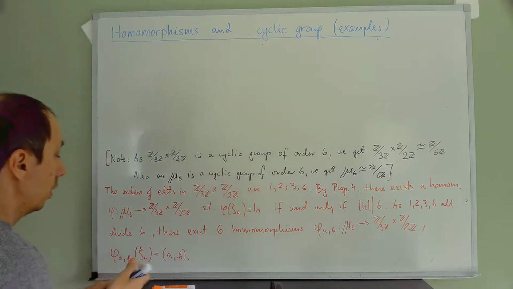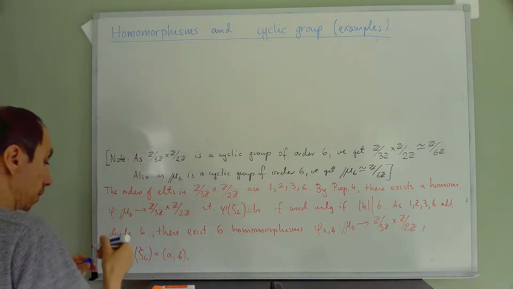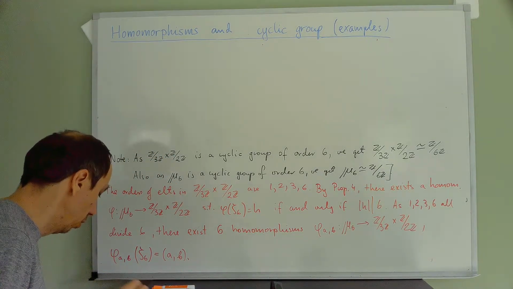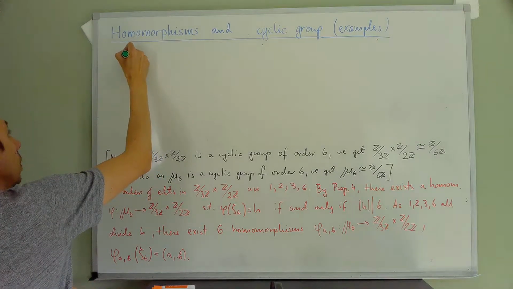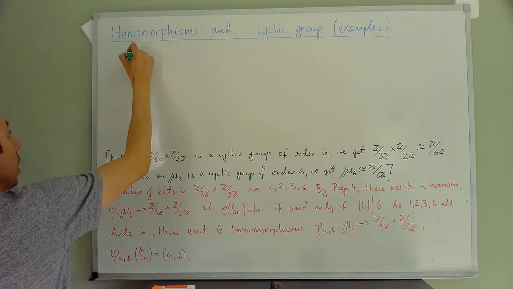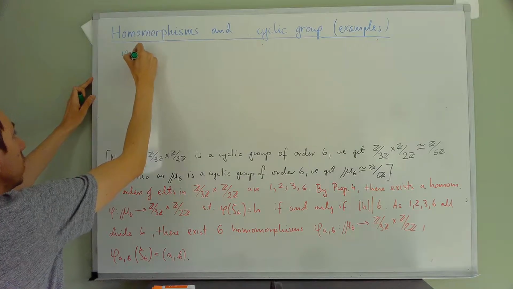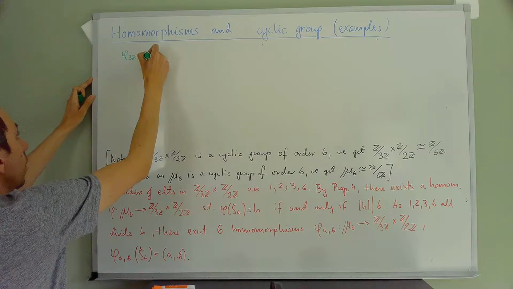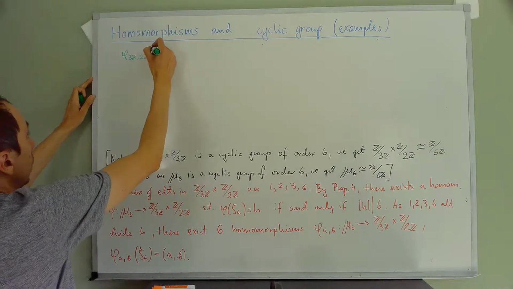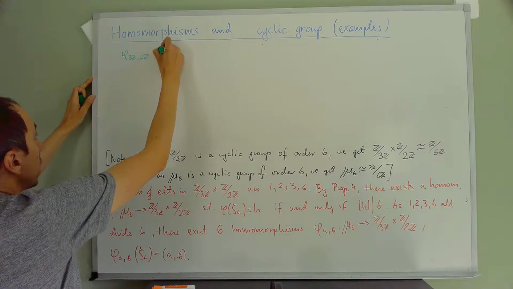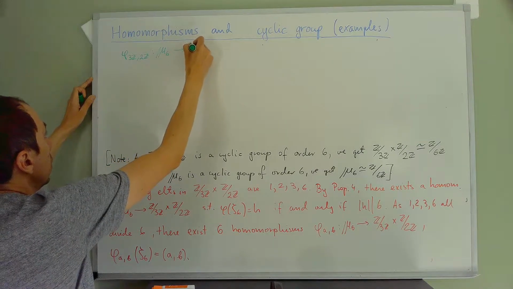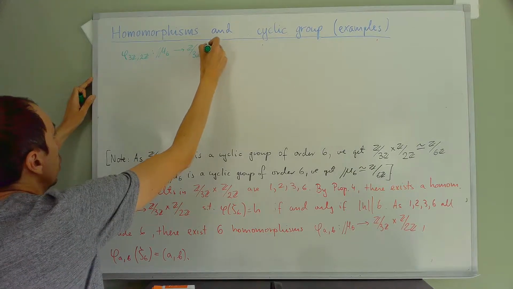Let's look at them. So first of all, the first homomorphism I want to look at is phi, so how about 3Z, 2Z? Okay, so that's a homomorphism from mu6 to Z mod 3Z cross Z mod 2Z.